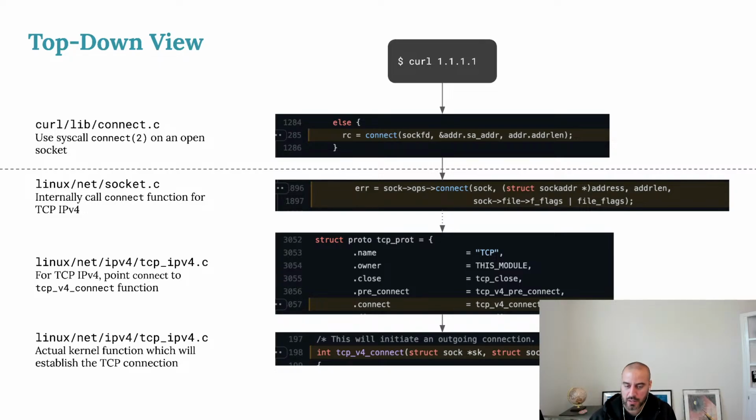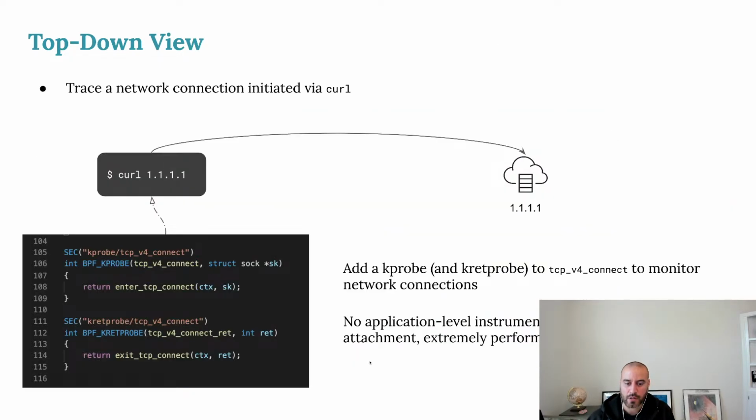And so going back to our earlier example, if we have the kprobes and a kretprobe on this specific kernel function, when we attach that on our system to the right function calls, when I as a user make a curl 1.1.1.1 without any changes at the application level, we will automatically get an event, and then whatever we're doing with the event down here will automatically be called, more or less.